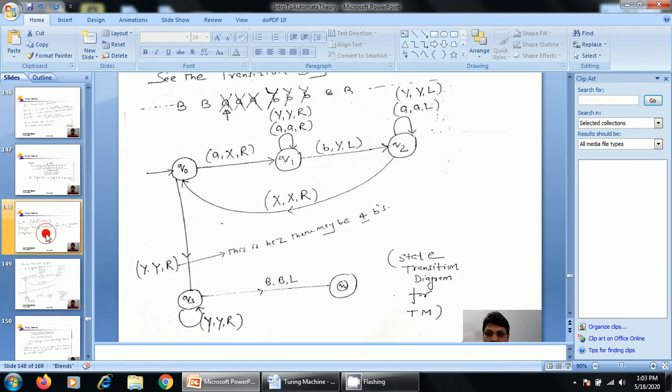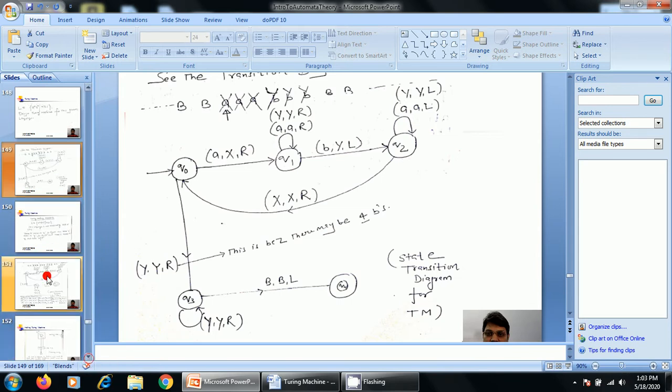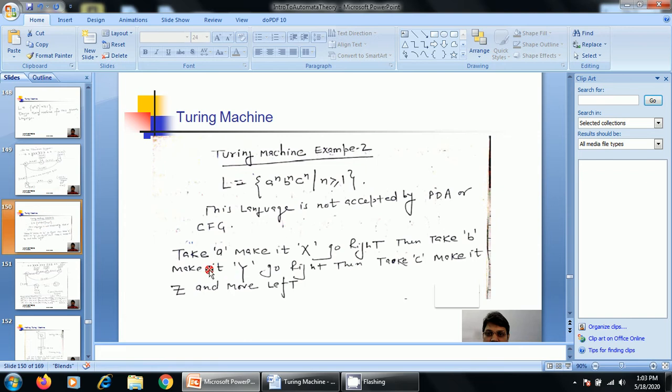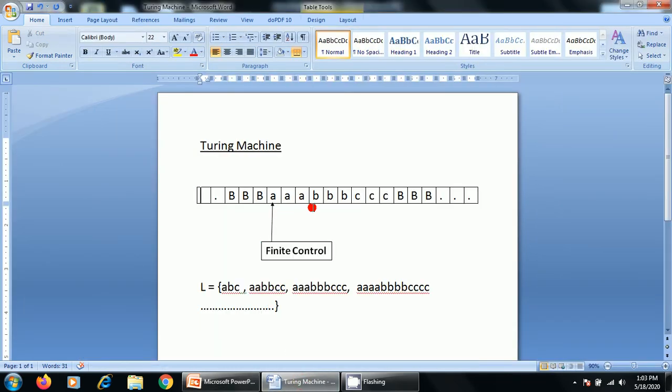Because see, 3 times a, 3 times b, and 3 times c: equal number of a, equal number of b, equal number of c, all a, then all b, then all c, a followed by b and b followed by c.